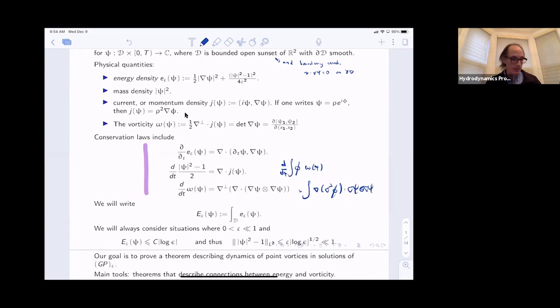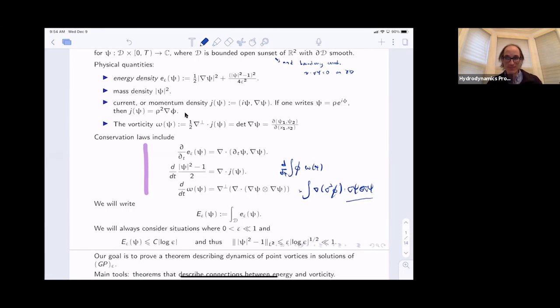The point is, I know quite a lot about psi because of Theorem 2. Theorem 2 tells us where the energy of psi, the L2 norm of gradient psi, is distributed.